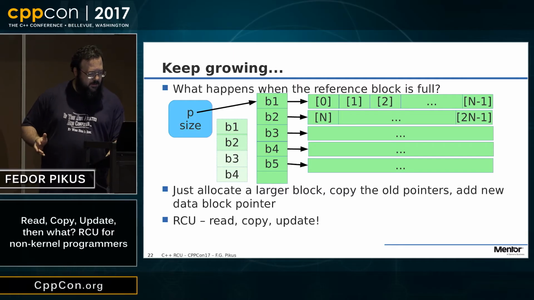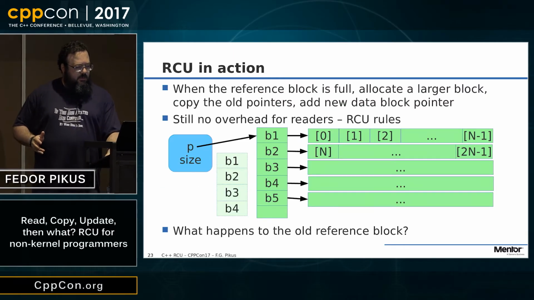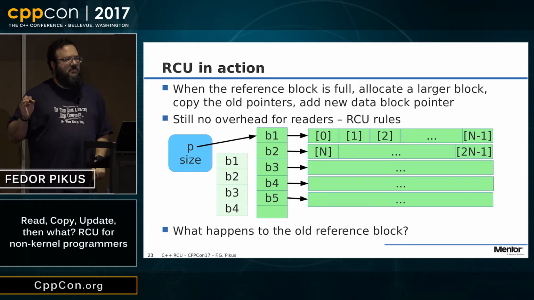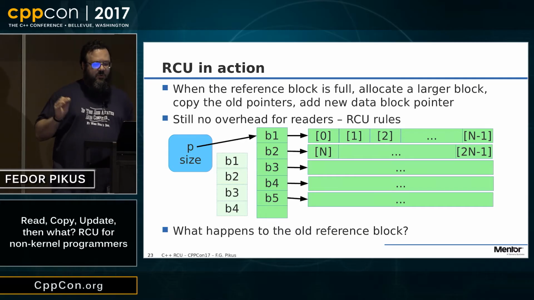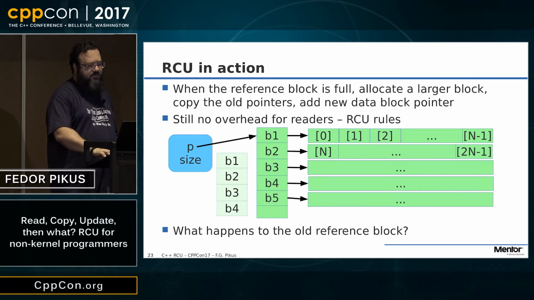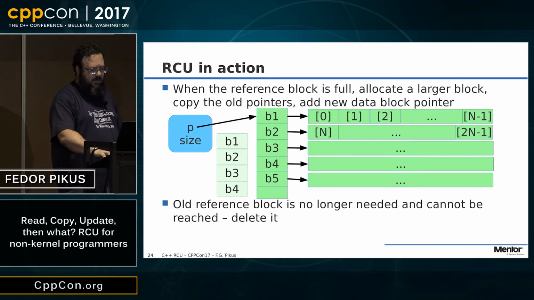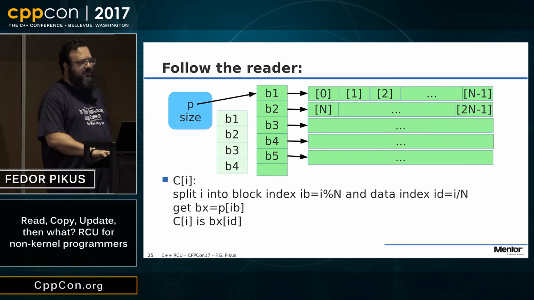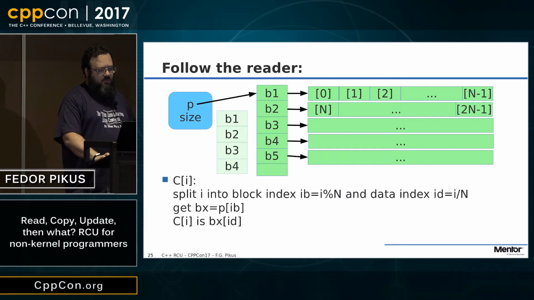We're still fine. One slight problem: what happens to the old reference block when we're done using it? Well, that's easy. When we're done using it, it's not being accessed anymore. We delete it.